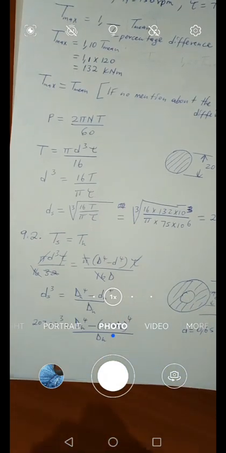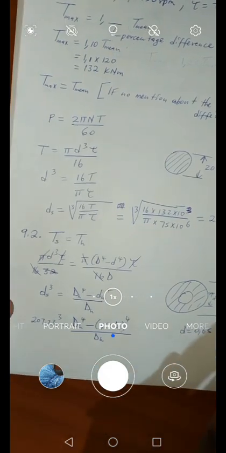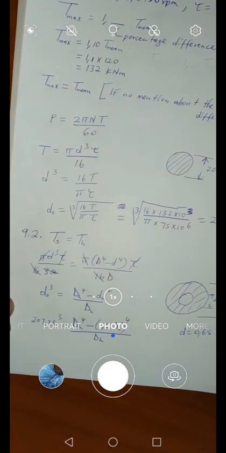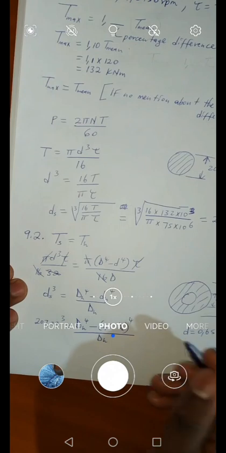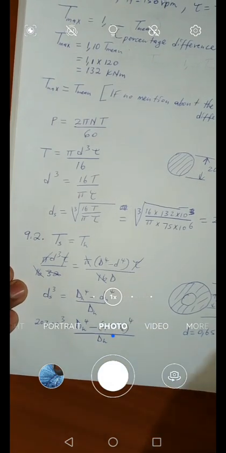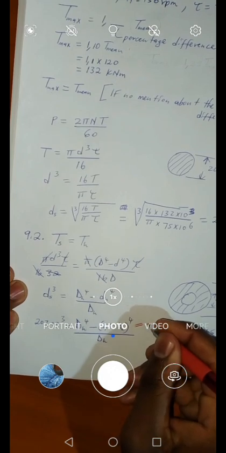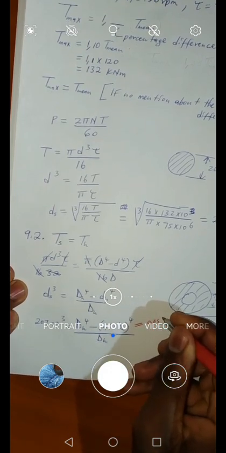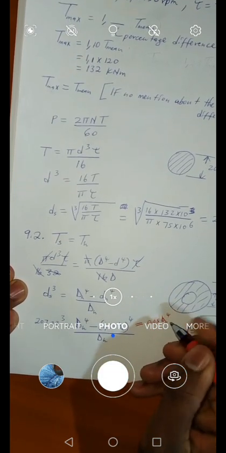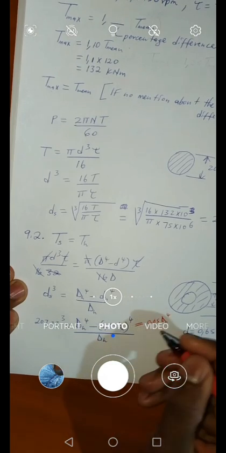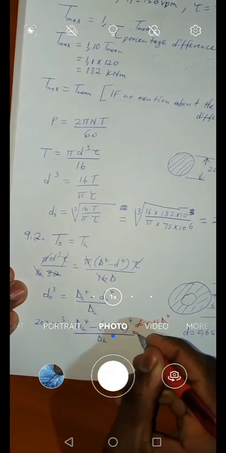Yeah, most of the students will get tricked here. Normally you will say this and say 0.65, and you will only raise D, which is wrong.